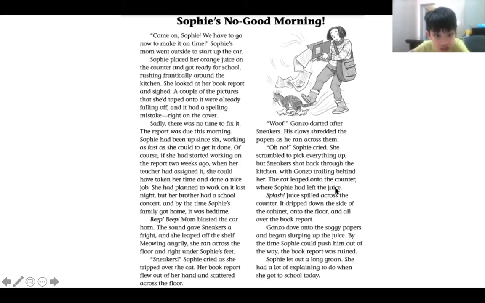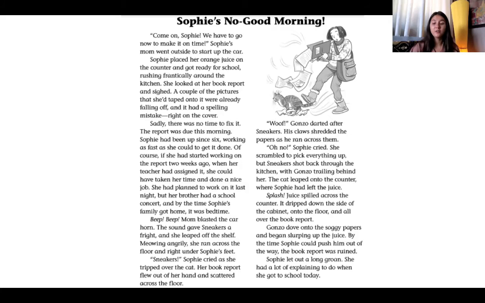Gonzo darted after Sneakers. His claws shredded the papers as he ran across them. Oh no! Sophie cried.